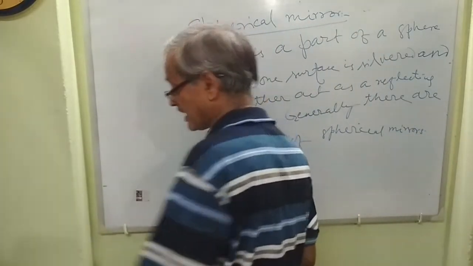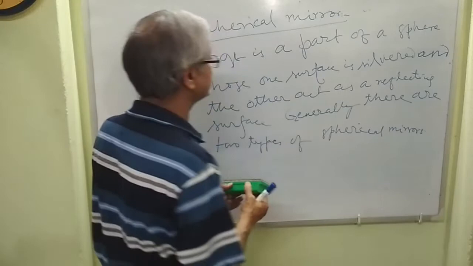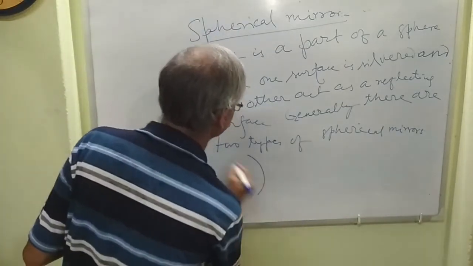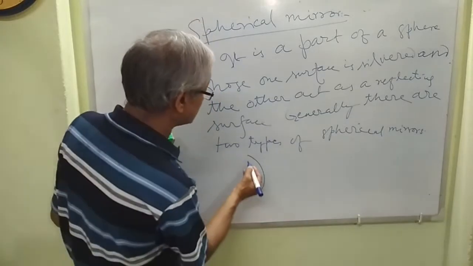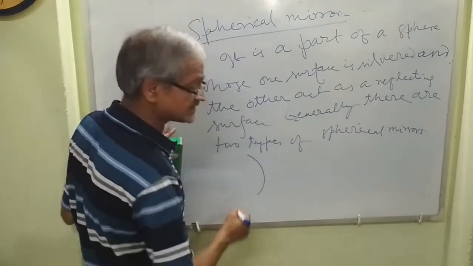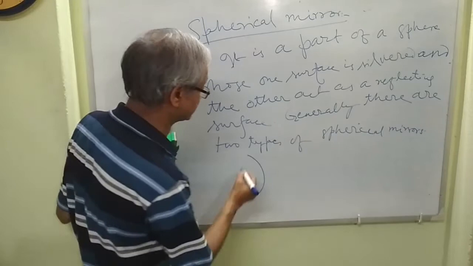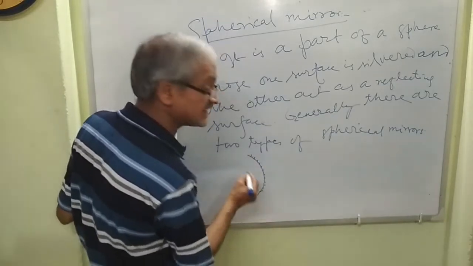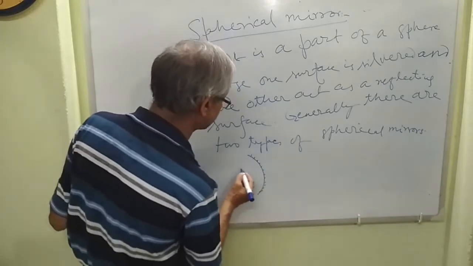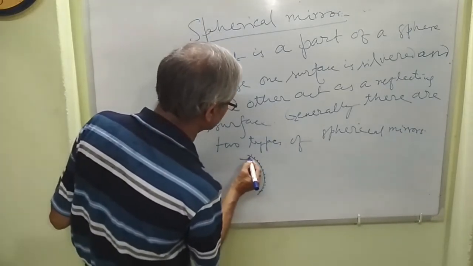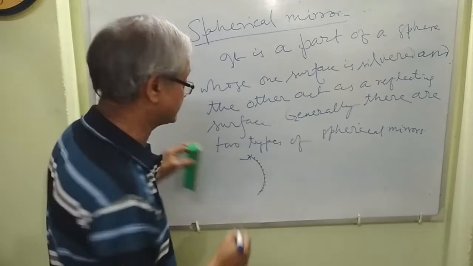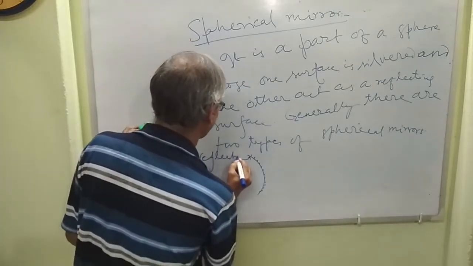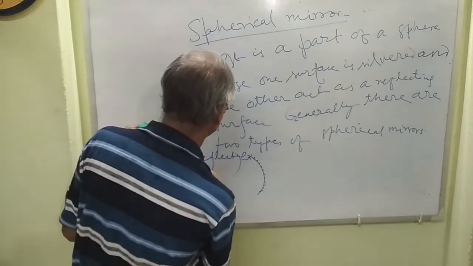Number one, concave mirror. We know its definition also. This is a concave mirror whose outside surface, that is the bulging surface, is silvered, and this inner portion is the reflecting surface.